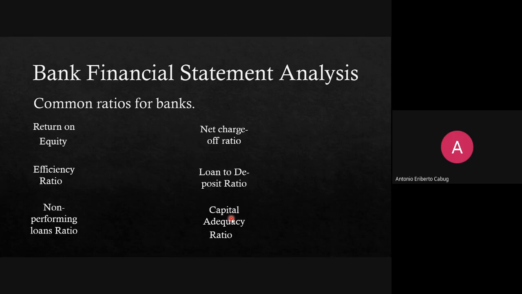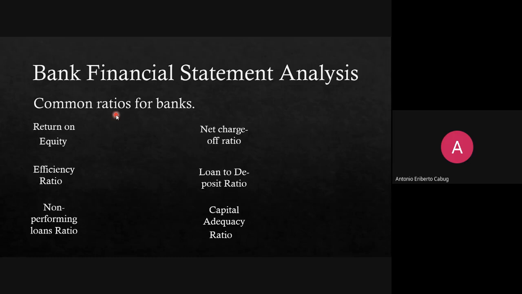Anyway, I would like to proceed to the main lesson. What I mentioned earlier is part of the lesson, but the subject is really all about financial statement analysis, bank financial statement analysis. There are common ratios for banks. You don't know these ratios well because they are only for banks.